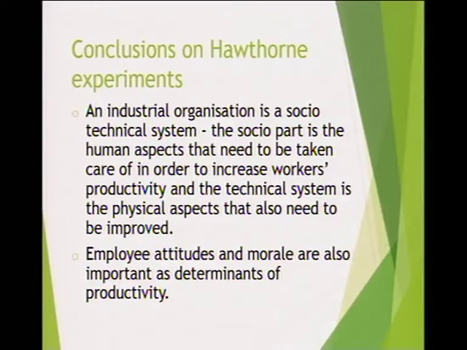Now, what were the conclusions of Elton Mayo on Hawthorne experiments? What he concluded was that an industrial organization is a social technical system. The social part is the human aspects that need to be taken care of in order to increase the employees' productivity, and the technical system is the physical aspects that also need to be improved. So he looked at those 2 areas.